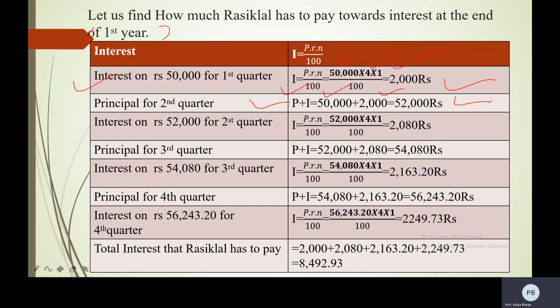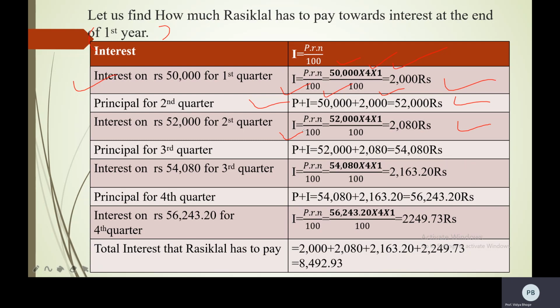Now for the second quarter, how do we find the interest on 52,000? We get I is equal to PRN upon 100. For the second quarter, Rasiklal has to pay interest 2080.